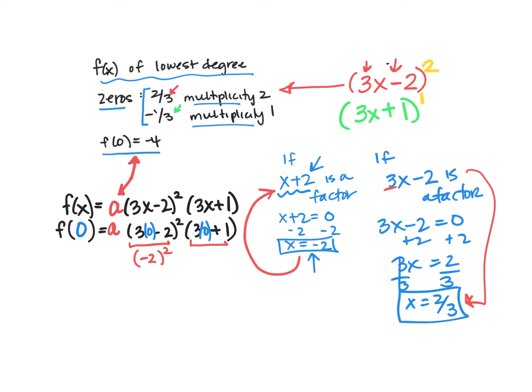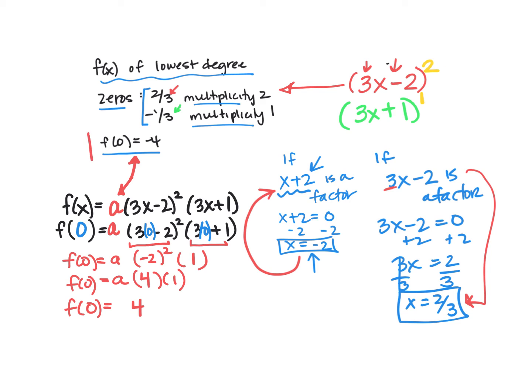This is going to be 0 plus 1, which is really 1. And so we have f of 0 is equal to some number times (-2) squared times 1. Well, (-2) squared is 4 times 1. And so when I'm plugging in that 0, I would normally get a 4.